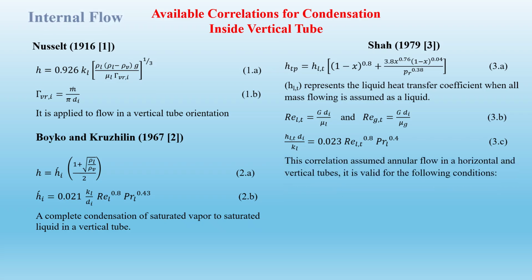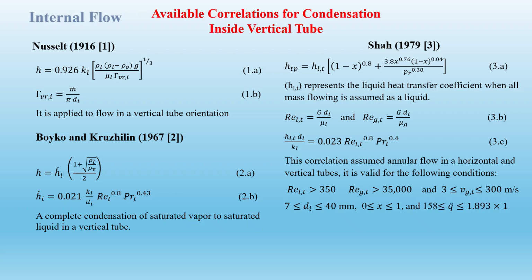And this correlation assumes annular flow in the horizontal and vertical tubes, and it is valid for restricted conditions as shown in these forms for Reynolds number for the liquid and Reynolds number for the vapor, the inside diameter of the tube, and the heat flux q double dot in units watt per meter square.